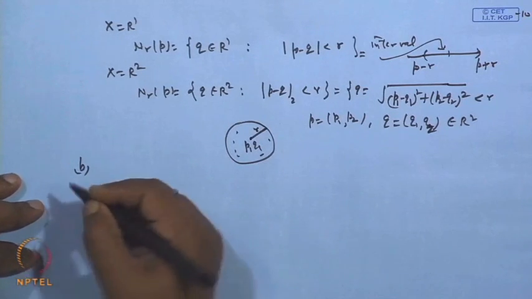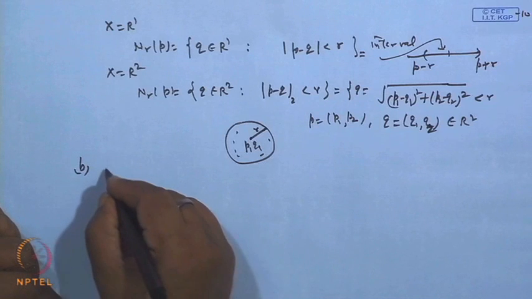The second definition is the limit point of a set.